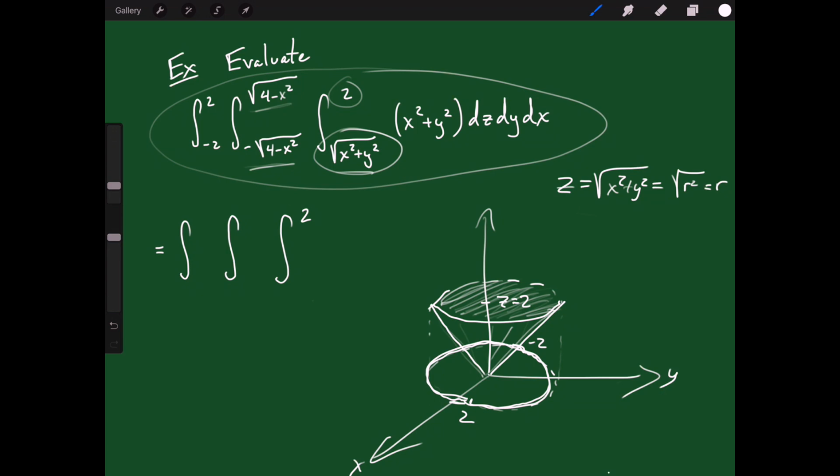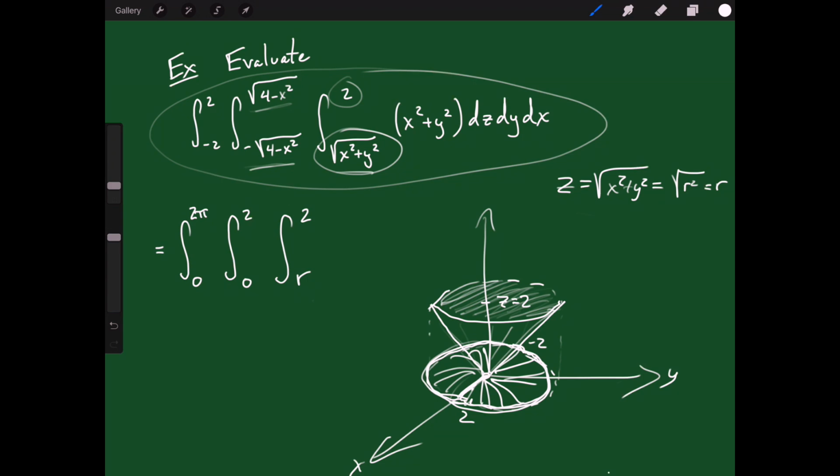So down here, I'm just going to have an r. Okay. And now down here, this is just saying r goes from 0 out to 2, and theta goes all the way around, and I get back to 2 pi. So this is going from 0 to 2, 0 to 2 pi.